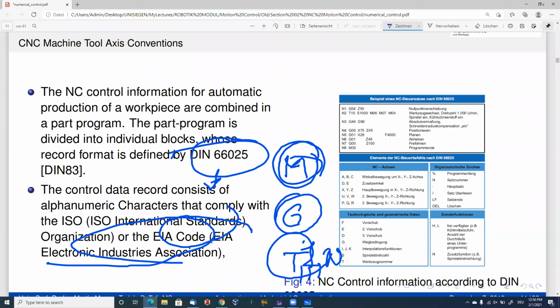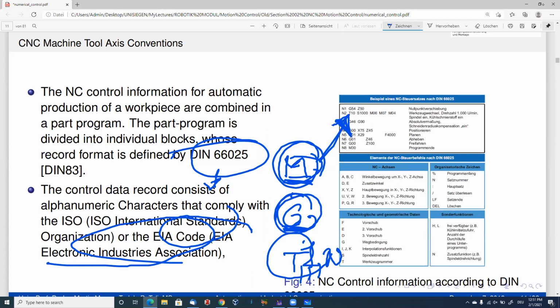So now what are these miscellaneous and what are the preparatory functions? A miscellaneous function means, for example, if you want to switch on the coolant, switch on the motor, switch off the program, something like this.